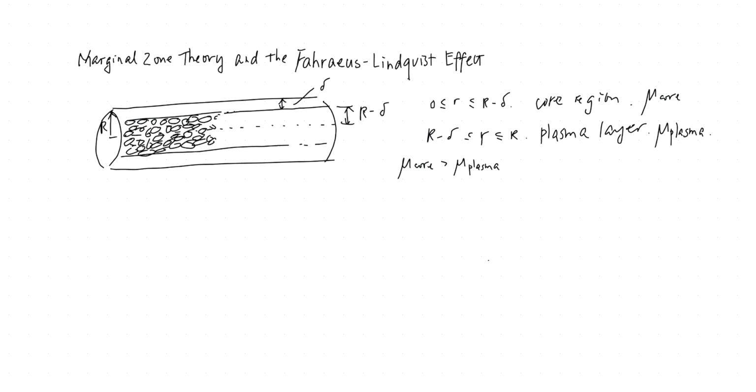And when we say mu core, we know that blood is a non-Newtonian fluid. Here we mean it's at the high flow rate limit so that the flow can be approximated as a Newtonian fluid. So that's why we have a viscosity for the core region.